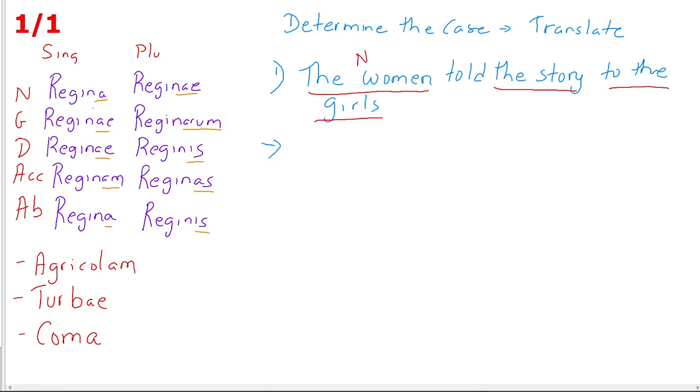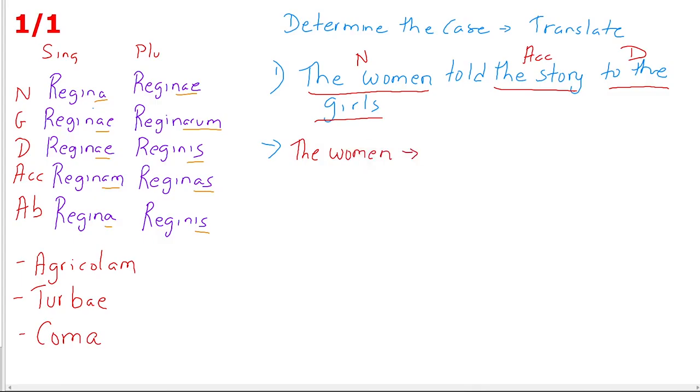Then to the girls, dative, and the story would be accusative. Good. Now let us translate this. Okay, so the women.